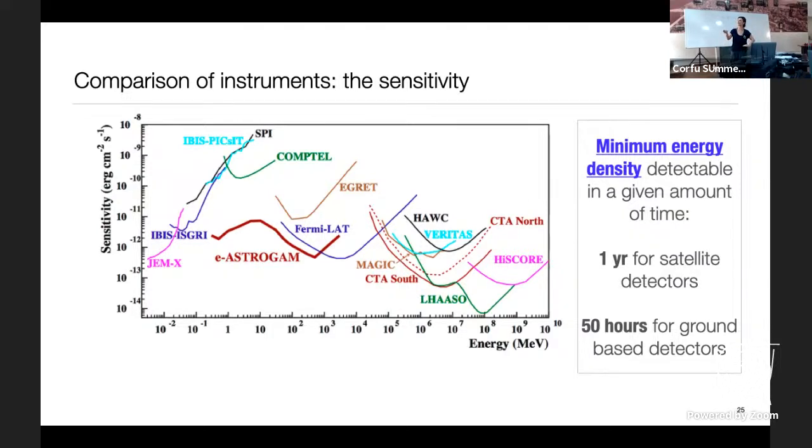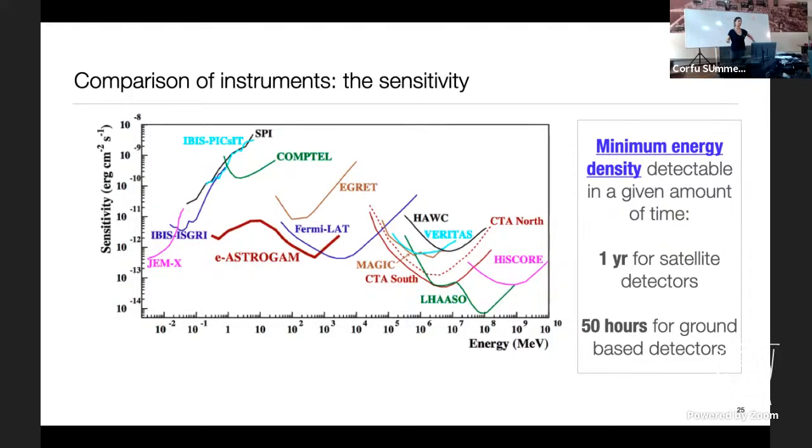Faint means that the flux emitted is low. This is the total energy emitted, the flux emitted. Well, this is less sensitive. So now let's focus, for example, in this case, on the same energy band, that is easier, okay?